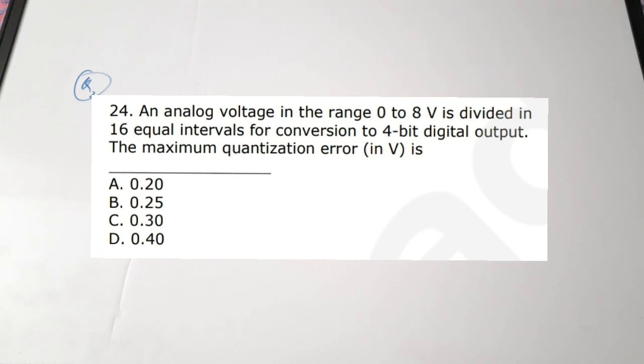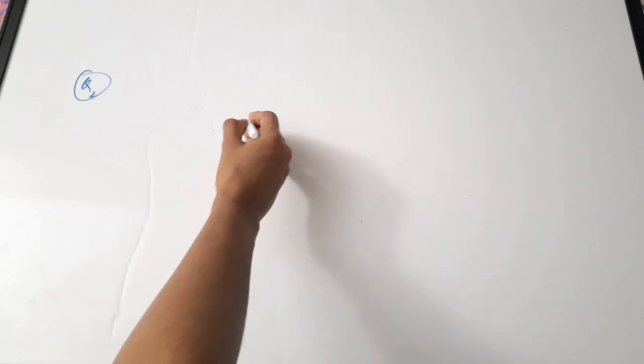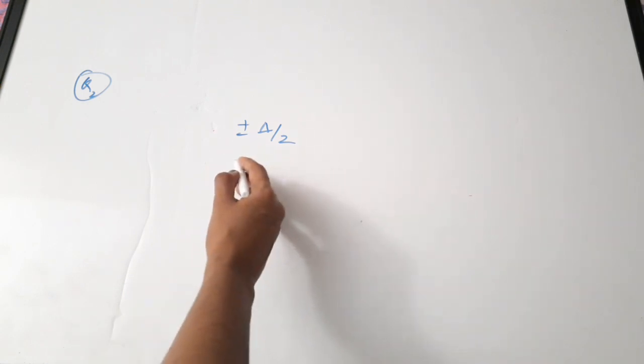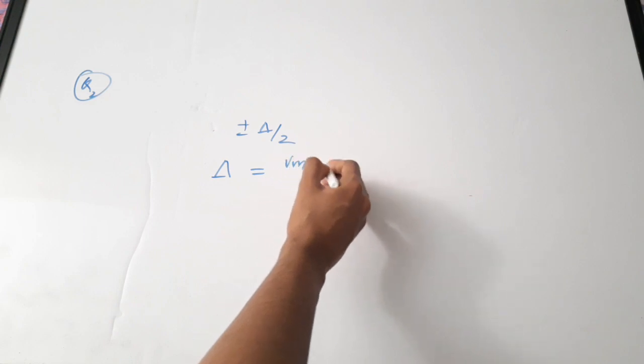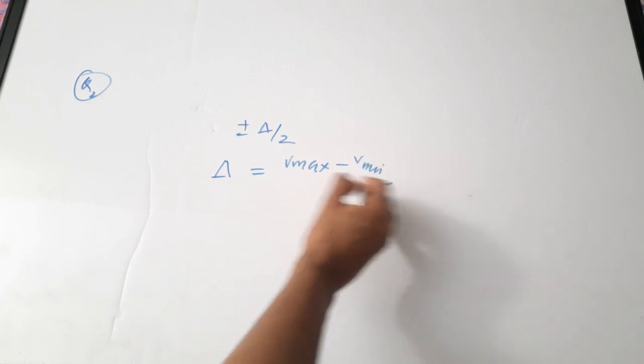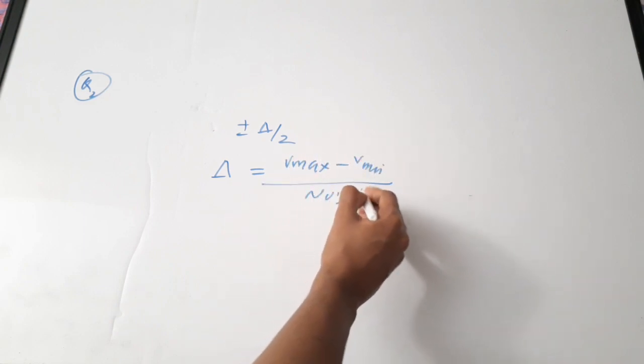An analog voltage in the range of 0 to 8 volt is divided in equal intervals for conversion to 4-bit digital output. The maximum quantization error in volt is dash. So the maximum quantization error is given by plus or minus delta by 2, where delta is the quantization step size. Okay, so in order to find the quantization step size, delta is equal to V max minus V minimum by number of levels.